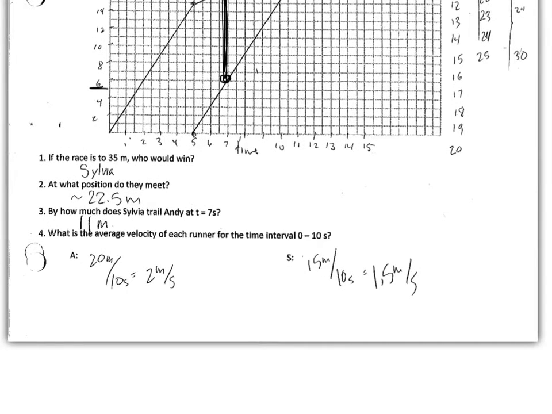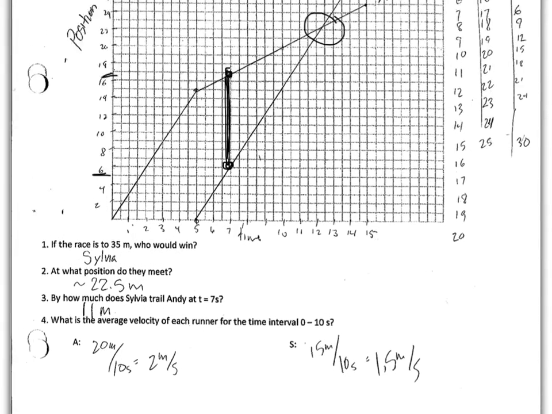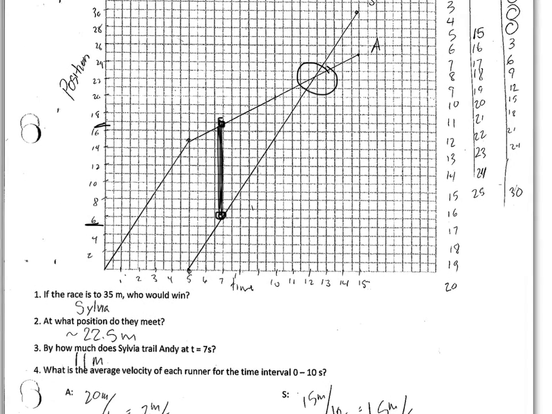Then question 4 asks you for the average velocity for each runner over the time interval 0 to 10 seconds. So between 0 and 10 seconds, what is the average velocity? To calculate this is just total displacement over time. We're not interested in pathways or how they got there. We simply want to know at the 10-second mark, how far did they get?